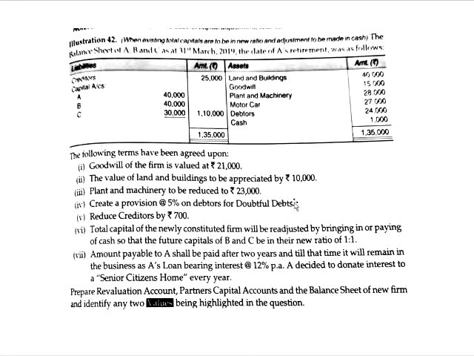And the seventh adjustment is given: the amount payable to A shall be paid after 2 years, and till that time it will remain in the business as A's loan bearing interest at 12% per annum. And A decided, this is the value based question. Nowadays CBSE doesn't ask value based questions, so if you wish you can give the answer, otherwise we will attempt only the numerical part.